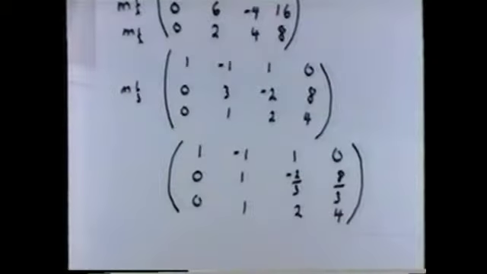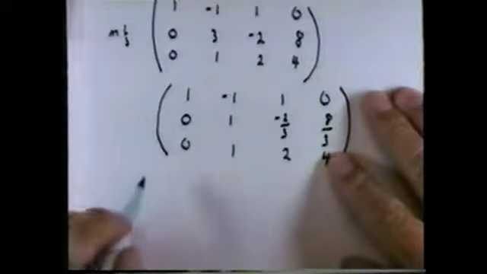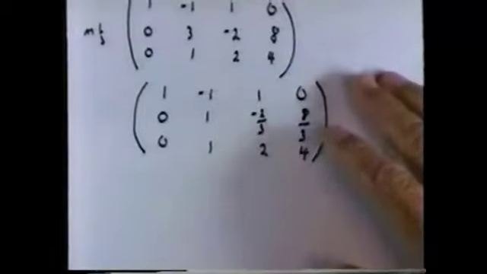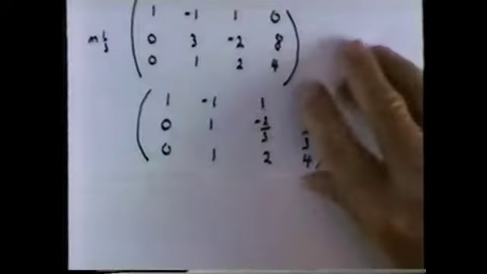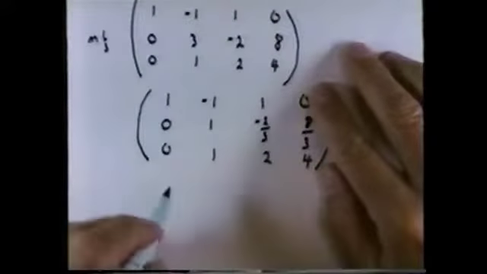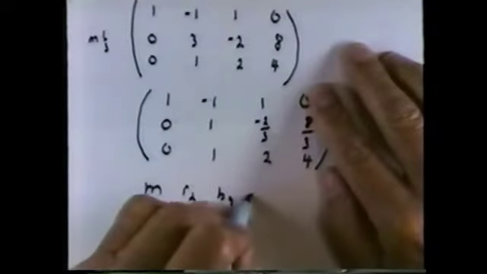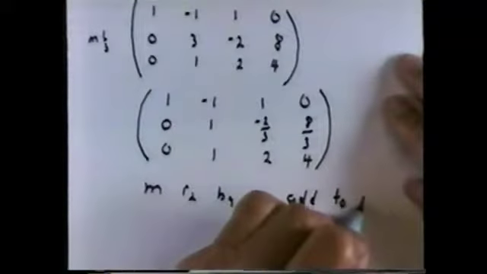But I need a 0 in this position. So what I can do is multiply row 2 by negative 1 and add to row 3. So we're going to multiply row 2 by negative 1, add to row 3.